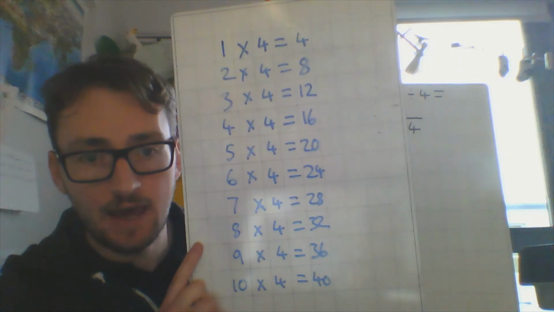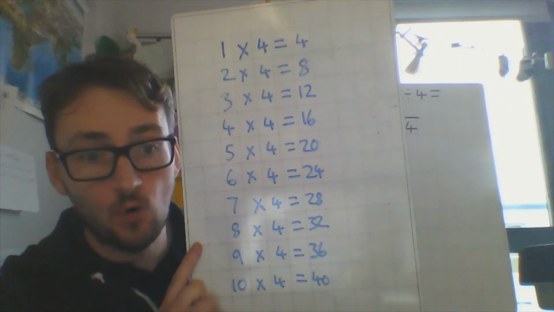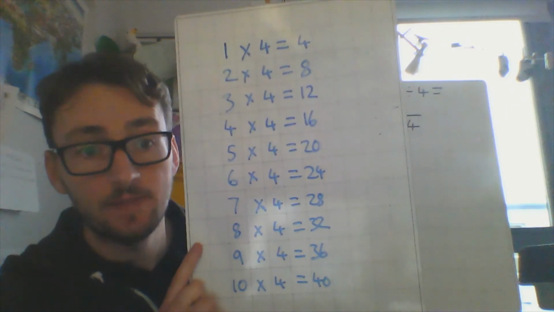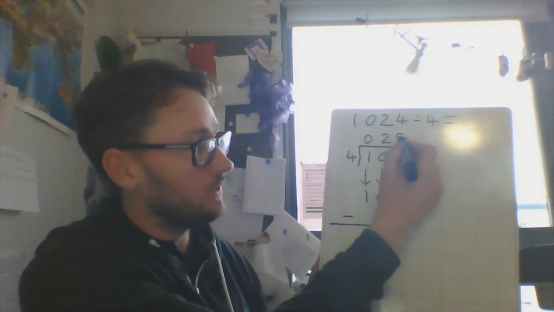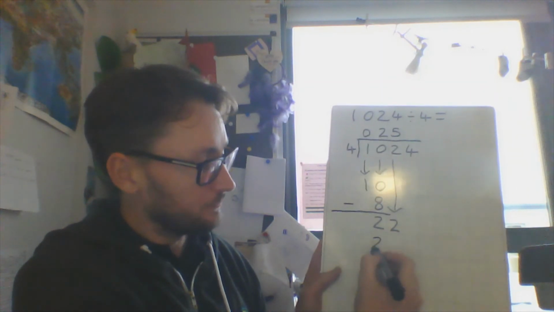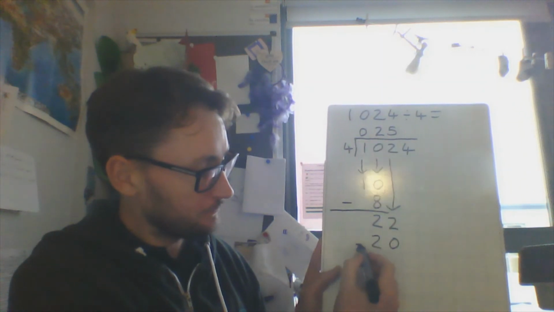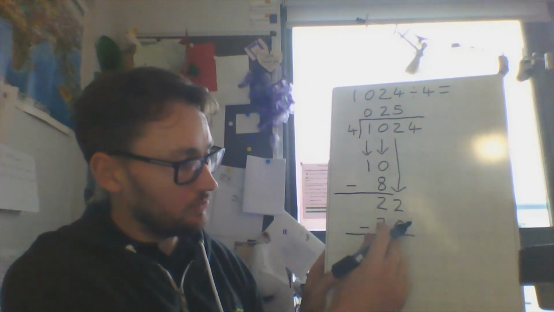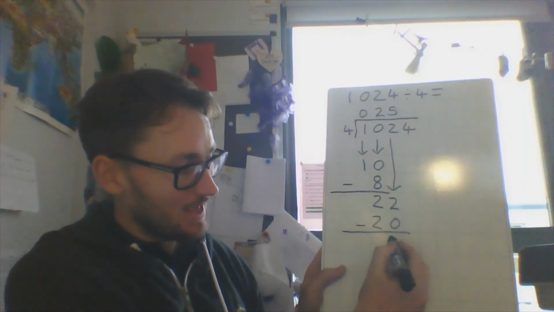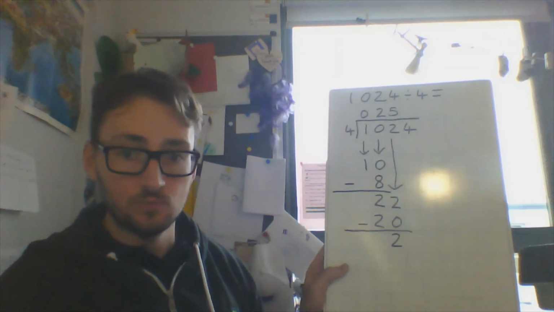I can see there 5 times 4 is 20. That's the fact that will help us. 5 times 4 is 20. Subtract that. 22 subtract 20 is 2.